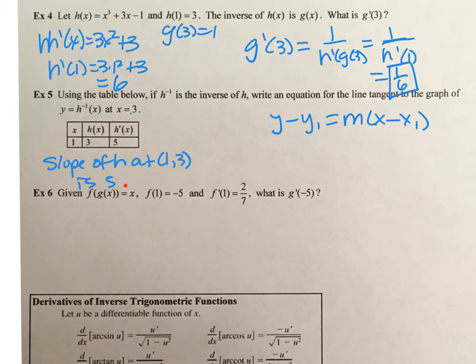Okay, so let's interpret what that means for the inverse function. That means that the slope of h inverse at the point 3, 1 would be the reciprocal of this slope. The reciprocal of 5 is 1/5.